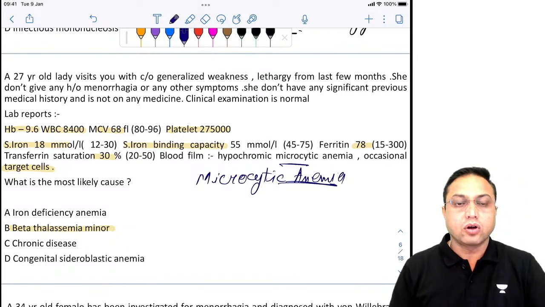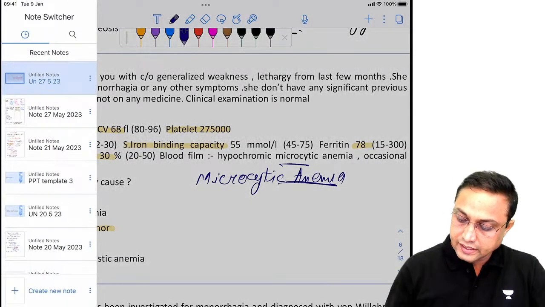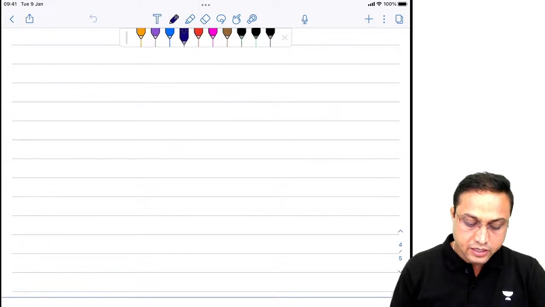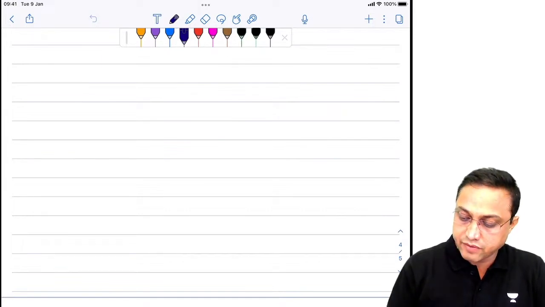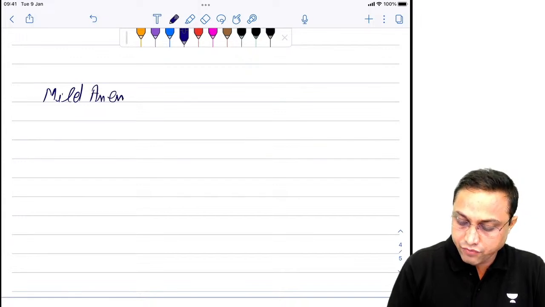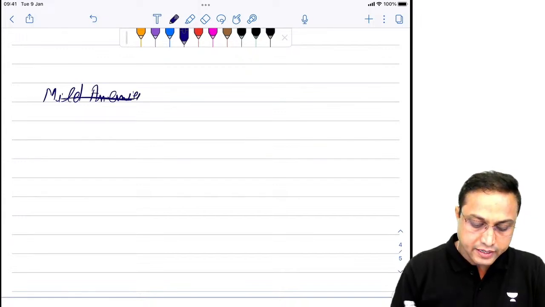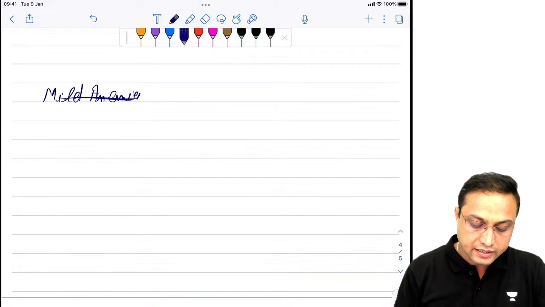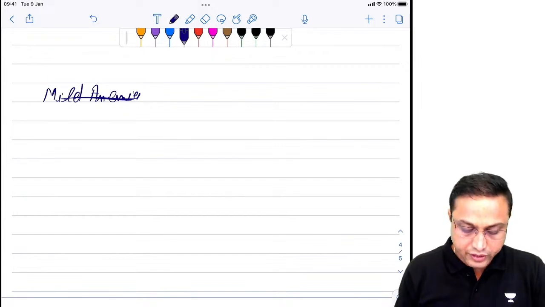Now, if I talk particularly about beta thalassemia minor, usually the patient is having a mild category of anemia. First we start suspecting when we find that the patient is having microcytic, mild type of anemia.